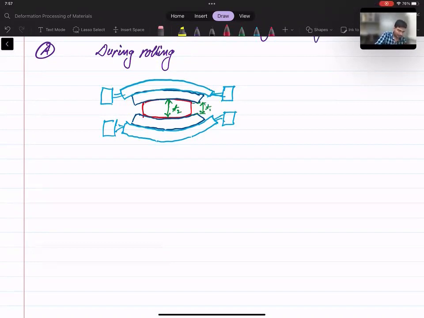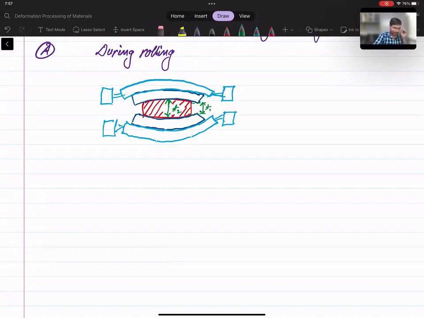This is my workpiece. So here the thickness is different. Due to this, the portion at the middle and the portion towards the edge sides face a different type of loading.